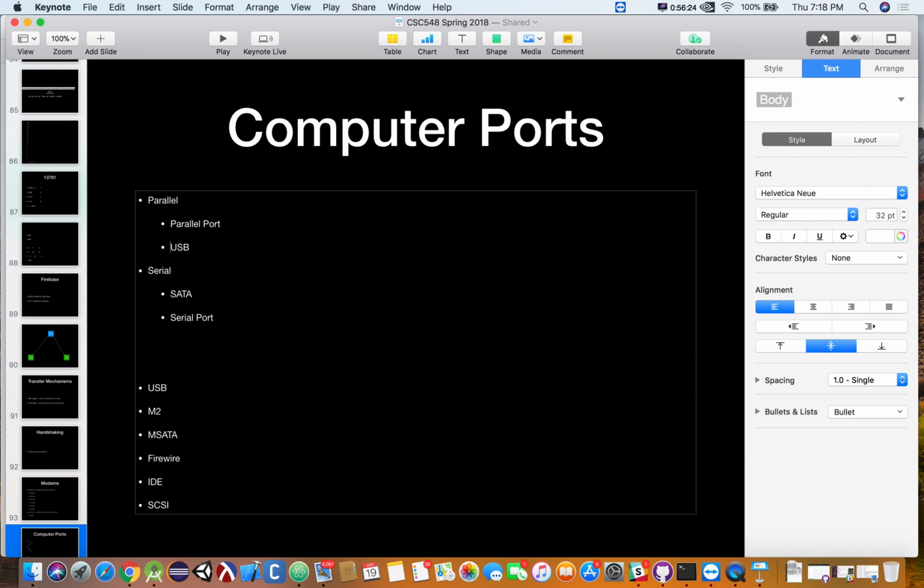Parallel. I honestly don't know about M.2, but I can give you about a 95% certainty it is serial. Same thing with mSATA.